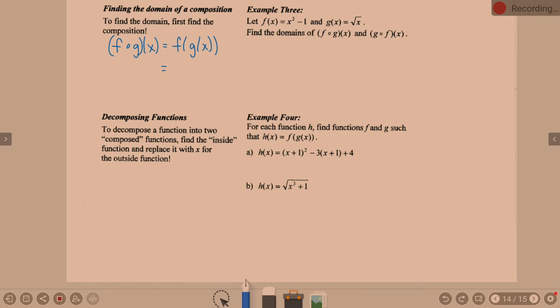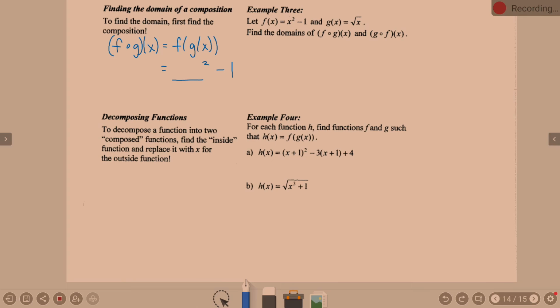Square root of X is going into F. And F is what? X squared minus 1. So here's a way to think about it. F is something squared minus 1, yes? That's what F is. What are we plugging into it? G, which is the square root of X.